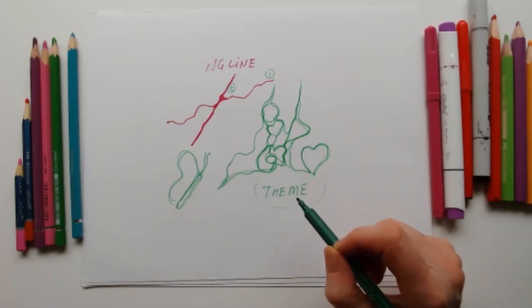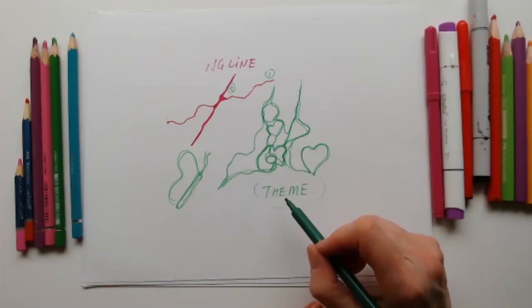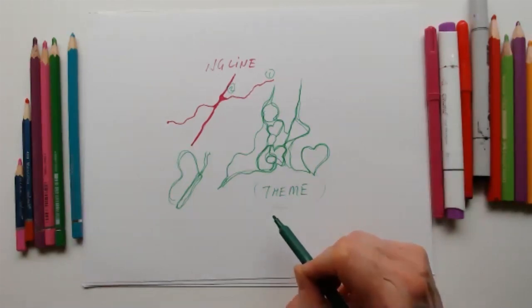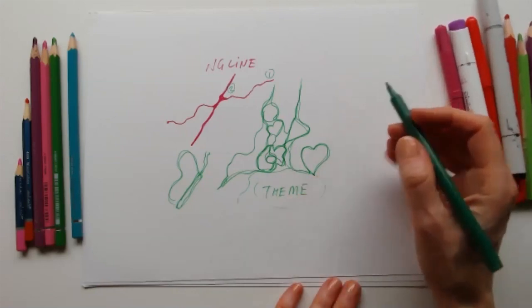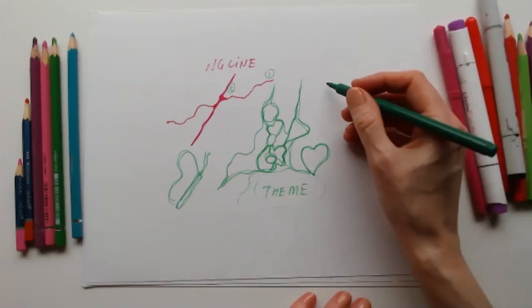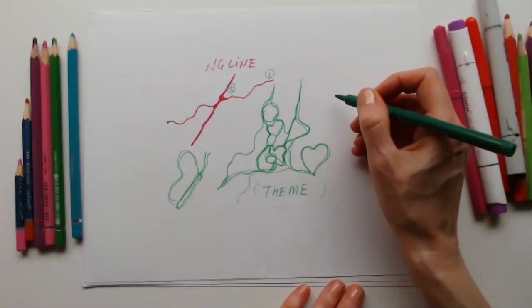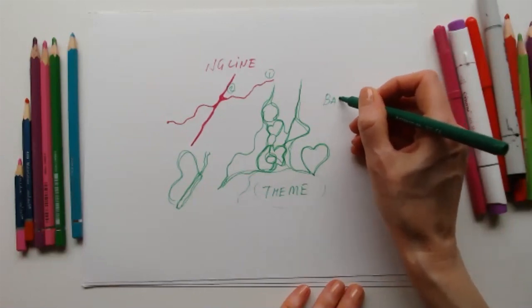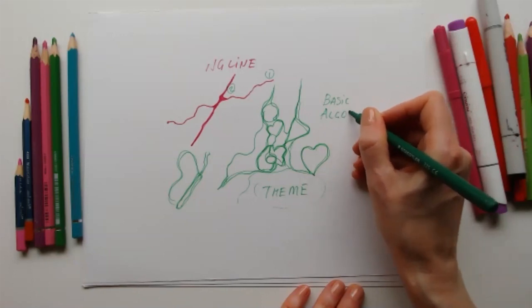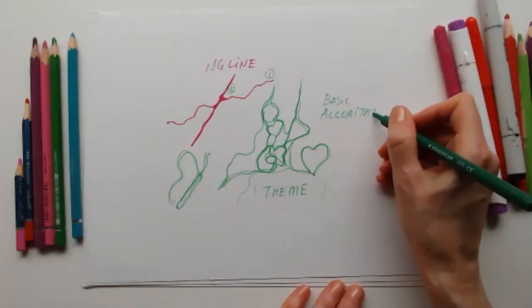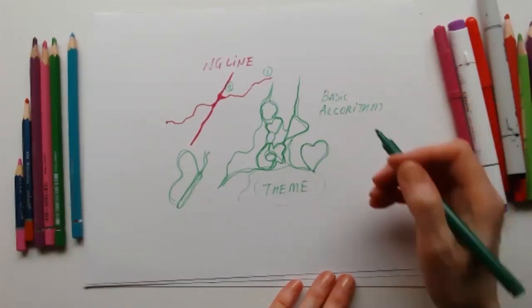If you probably know the basic algorithm, it is the formula that is used to create a NeuroGraphic drawing. And it's also present in NeuroGraphic art and includes 7 steps from selecting the theme, the basic algorithm, and it's also a formula.